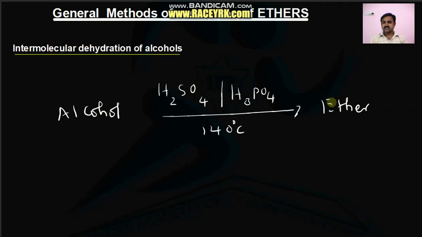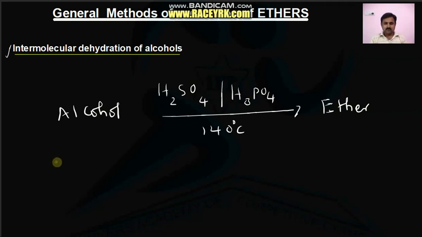In this reaction, water will be removed, as these two compounds are said to be good dehydrating agents. So here alcohol molecule itself, alcohol to alcohol, that means one alcohol molecule joins with another alcohol molecule for the removal of water, that is called as intermolecular dehydration of alcohols.